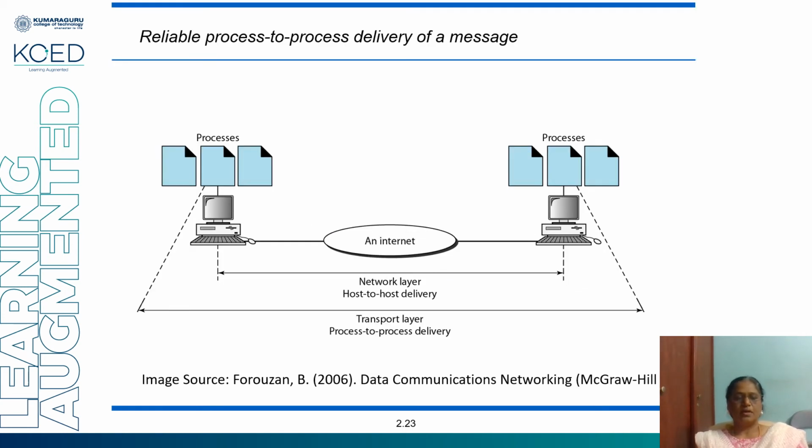You can see in a single system there are a number of processes running. So the job of the network layer is to deliver to the host, and the job of the transport layer is to deliver to the correct process or application.